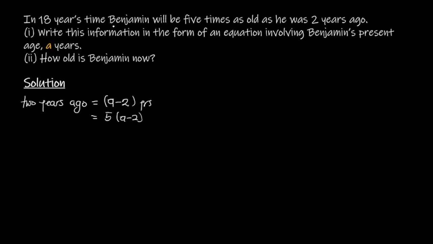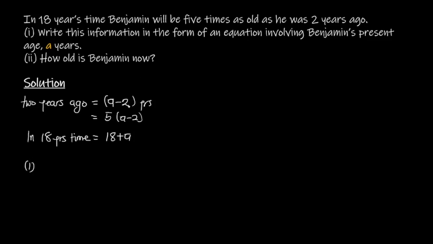Now in 18 years time, if Benjamin's current age is A, in 18 years time Benjamin will be 18 plus A. Now that we've made these deductions, let's proceed to see how we can write this information.